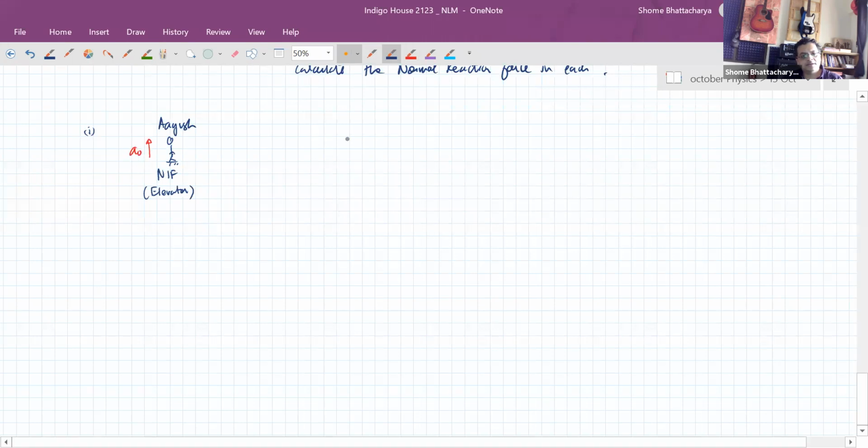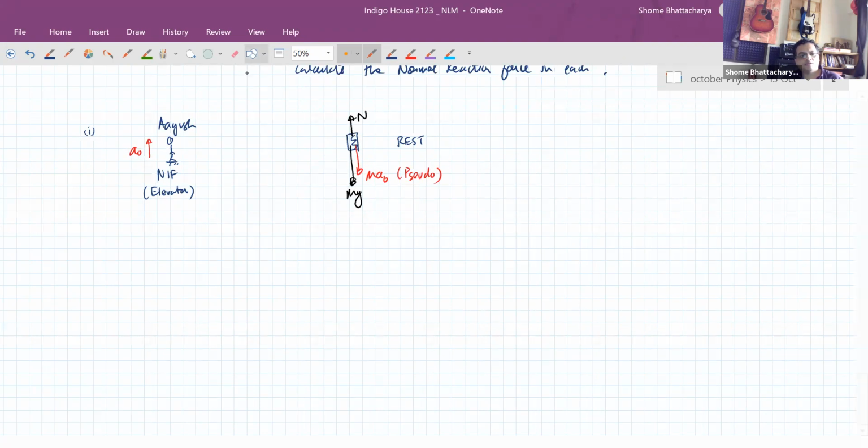But in that frame, the box or body is at rest. So it's experiencing a pseudo force, opposite in direction, m a0 in magnitude. It's experiencing weight, and it's experiencing the normal reaction that the ground is applying.